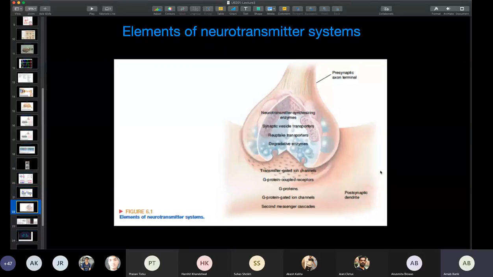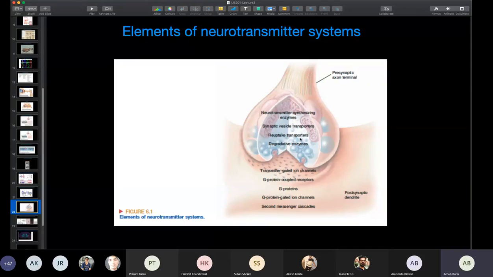So for neurotransmission, we talked about what the things are that are happening and what the major components are, but what are the different components of the neurotransmitter system? As I said, there are synthesizing enzymes taking the precursors that are coming from the cell body and making them into neurotransmitter. There are vesicle transporters, which means the vesicles are lying around, and something has to load the neurotransmitter that is being synthesized into the synaptic vesicles.